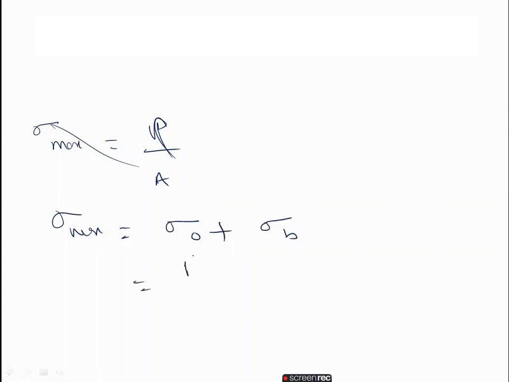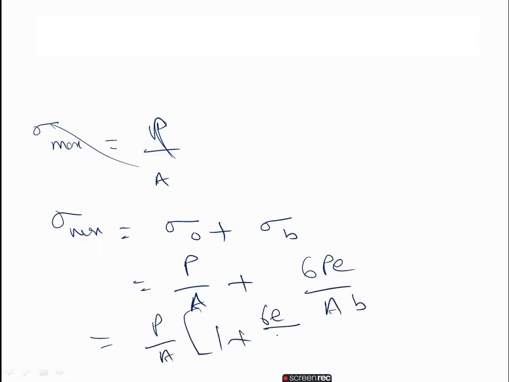Sigma naught is P by A, sigma b is 6Pe by Ab. Now take P by A as common: 1 plus 6e by b. So this is the maximum stress value we got: P by A into (1 plus 6e by b).